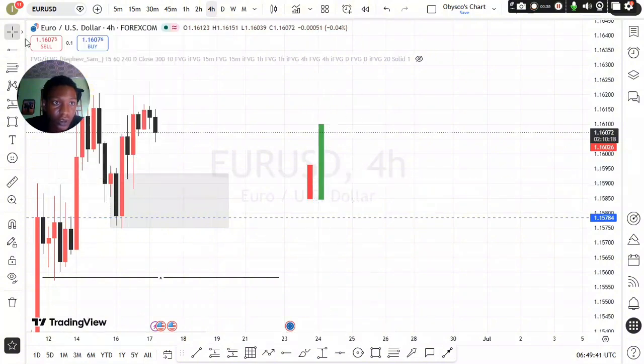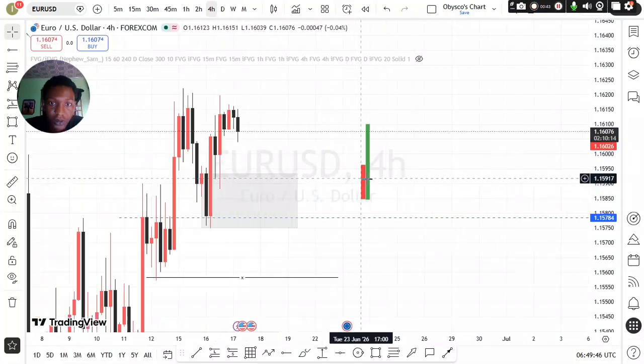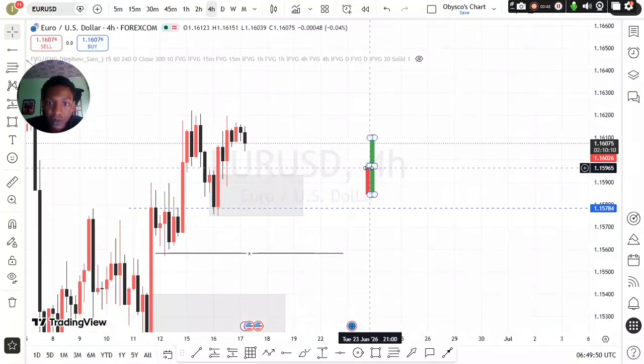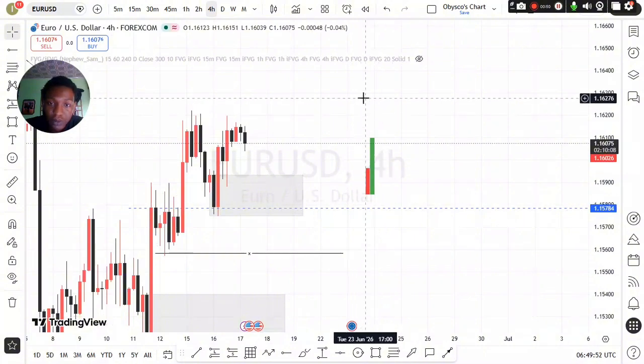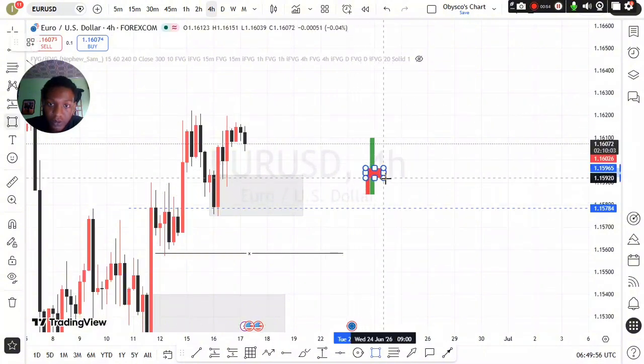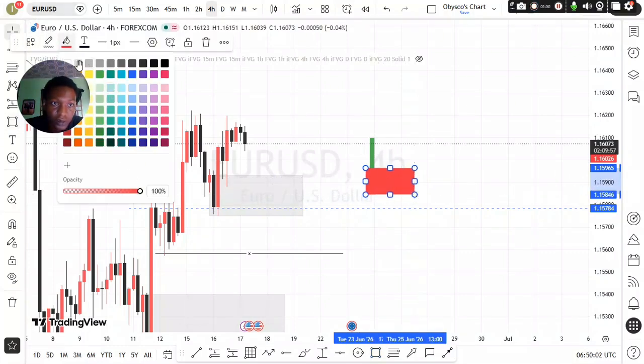So anytime there's this kind of formation, where the candles are side by side like this, and there's a bearish candle and then a strong bullish candle to the upside, most times price will just come to this order block here. Let me paint that ash.